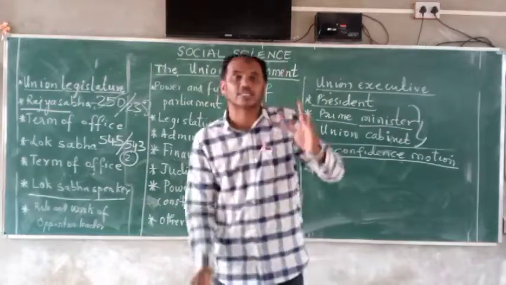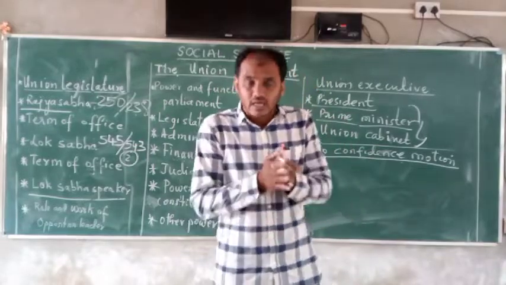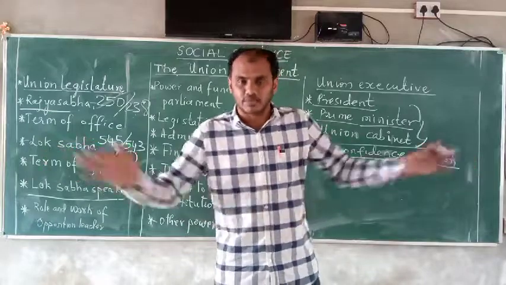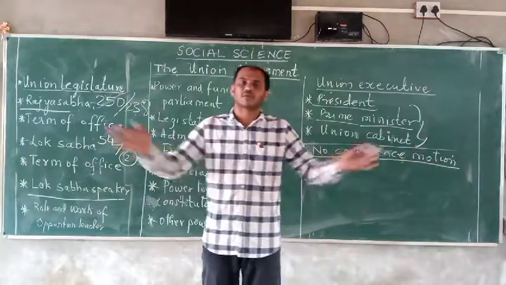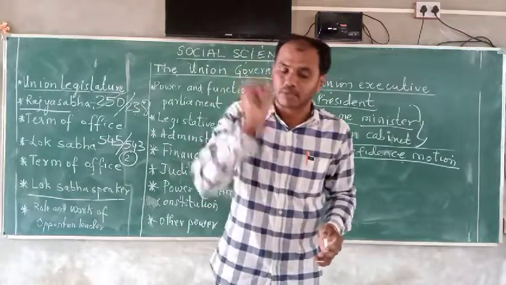Only the Prime Minister has that power. And he allocates the portfolio, a certain department, Railway Minister, Finance Minister, Foreign Affairs Minister, etc. It is given by the Prime Minister himself. So it is the power of the Prime Minister.